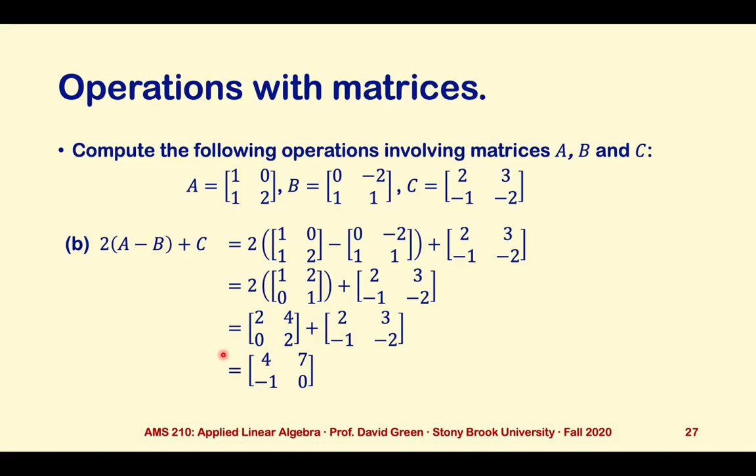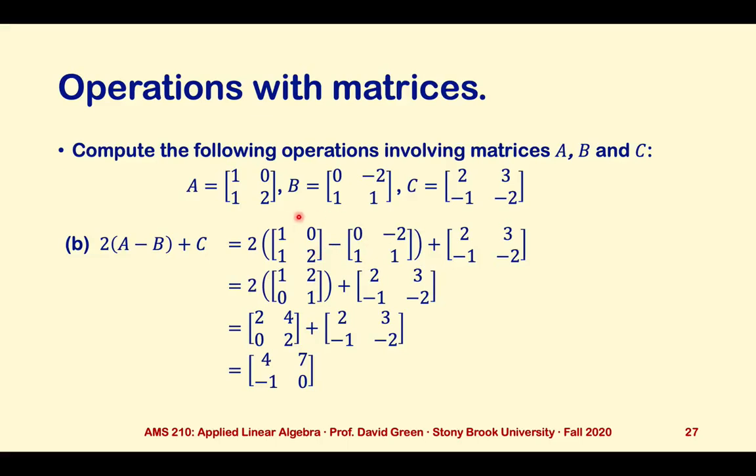Now a slightly more involved example where we have a scalar multiple of a difference of matrices, then an addition of an additional matrix. Again, the same rules of precedence in operations apply as you're used to for standard arithmetic. So the first thing we need to do is to evaluate this difference inside the parentheses.